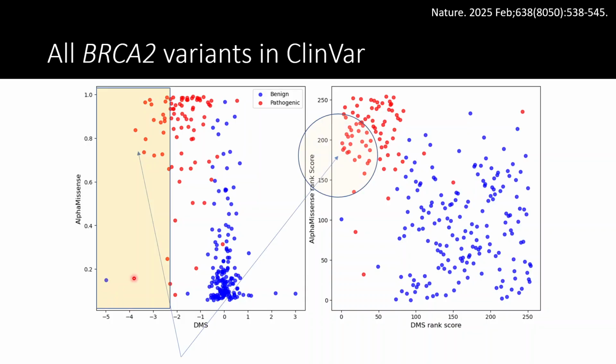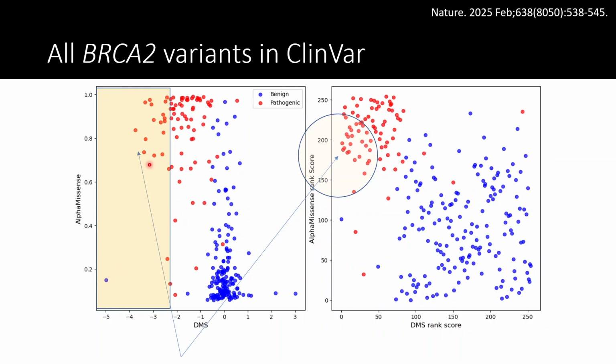So if we only use the deep mutational scan as a single tool for calibration, we use a one-dimensional window, and if, for example, our variant of interest is here at the tip of the arrow, we inevitably include this dot.